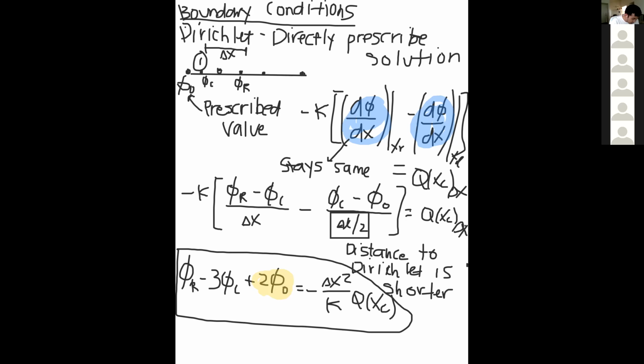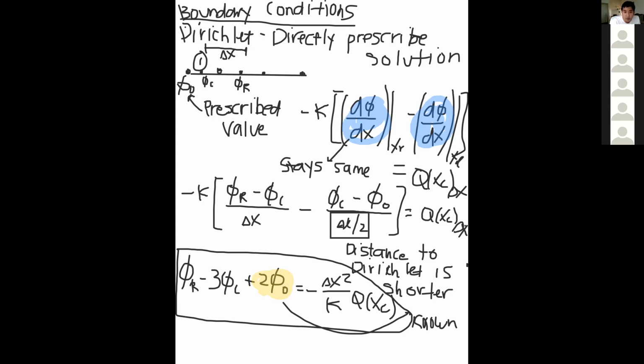Phi c and phi r, those terms we don't know, so those are going to be on the left-hand side. But since we know what phi naught is, we can move this to the right-hand side since it's known. So we can actually write this in a better form that we can apply for both our code and our hand calculations.